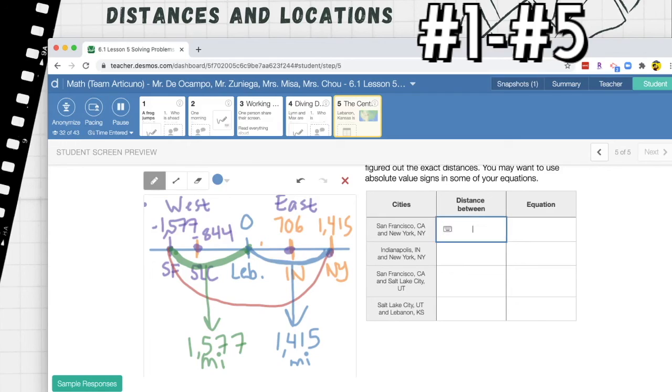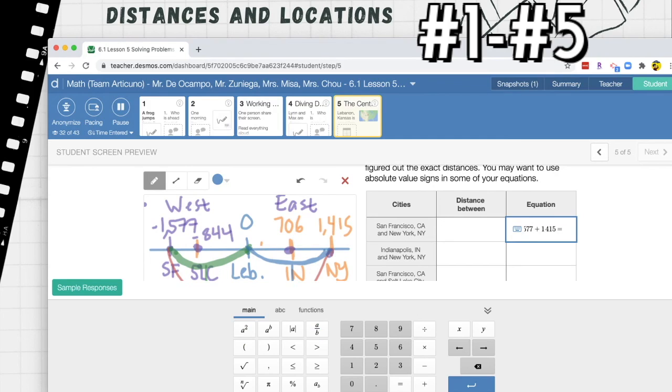Now let me write that in an equation. 1,577 plus 1,415 equals... alright, so there's some math required here. You can do this on pencil. An equation always has an equal sign. So that is the equation, and we figured out that the total distance is 2,992.